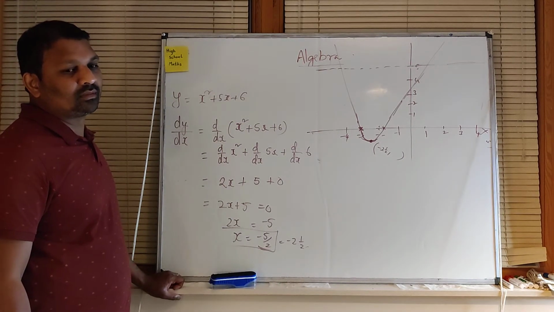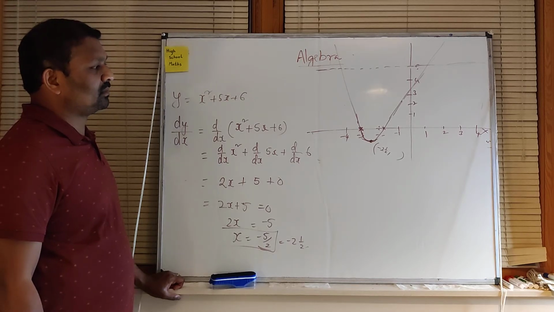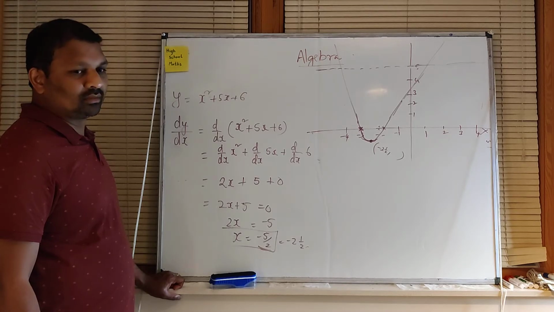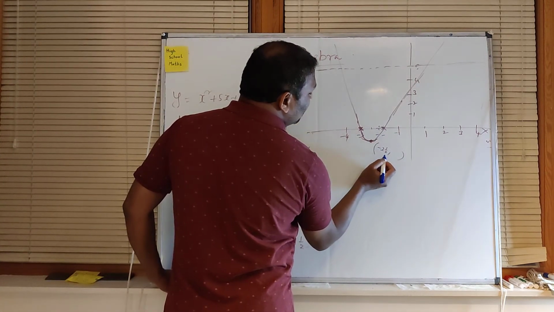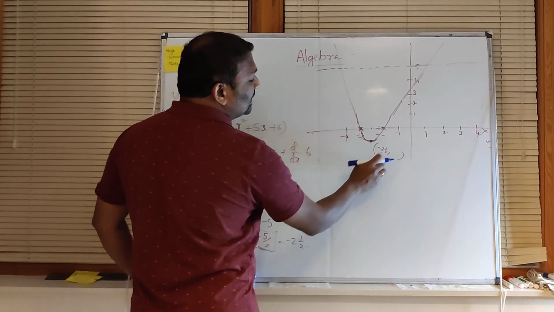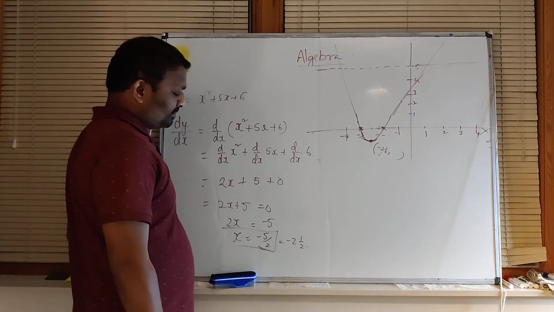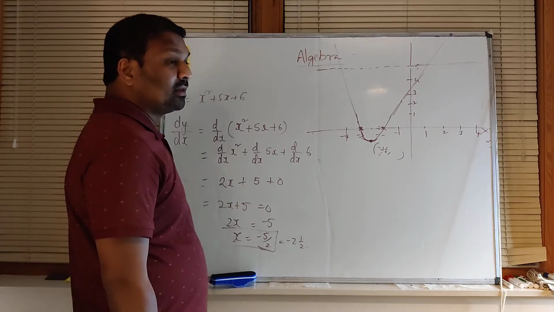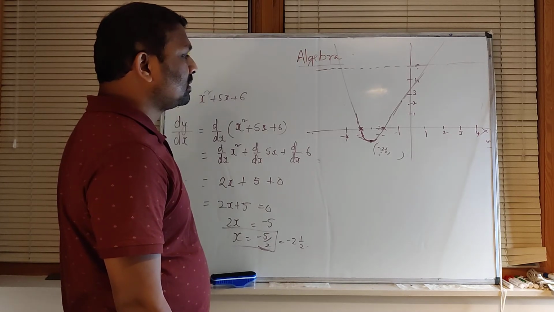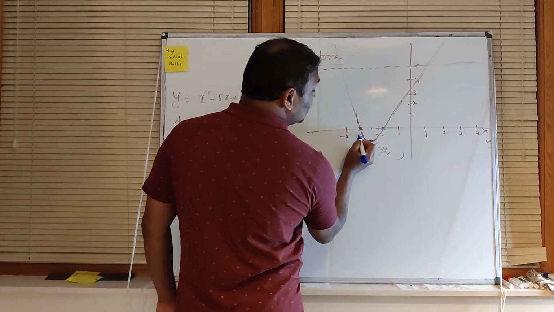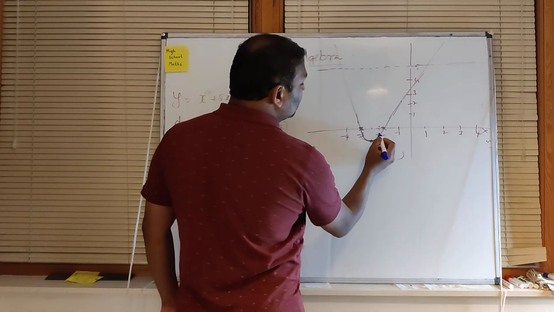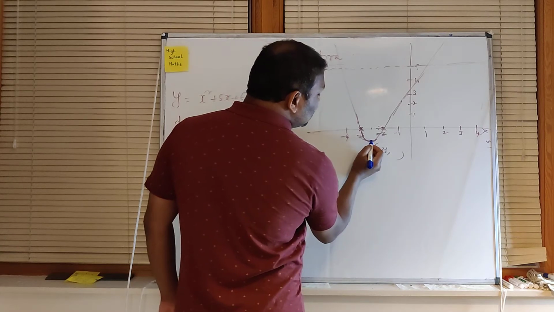It will come to the middle point of minus 2 and minus 3. Middle point, 2 here, 3 here. Middle point is 2.5. I got it. What is the value of y here? Minus 3? How do you know? See, this is the lowest point.